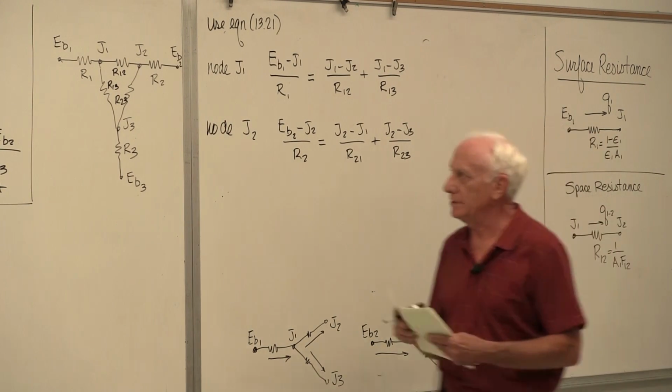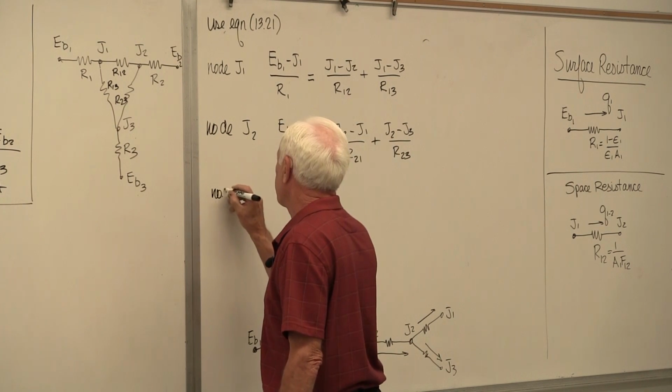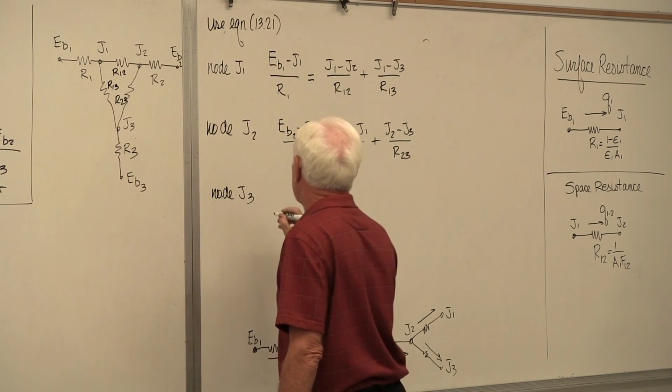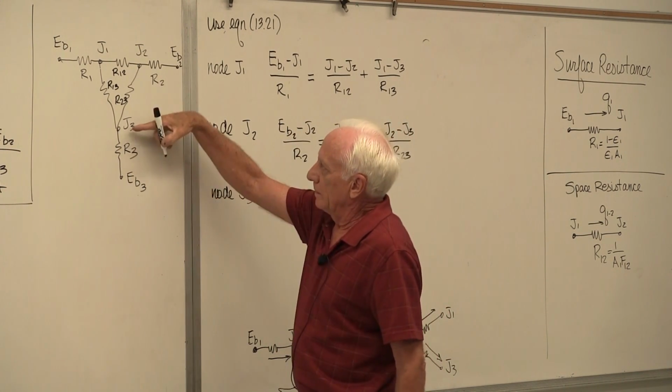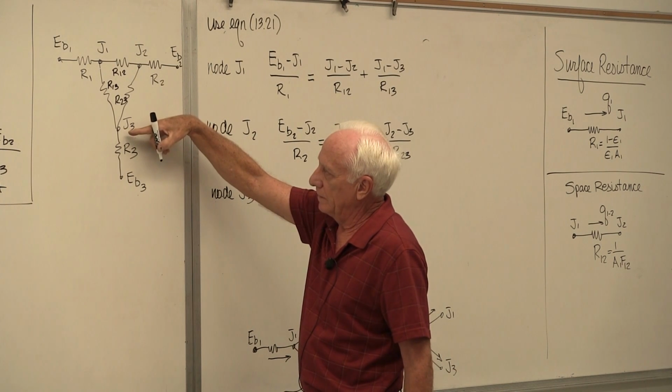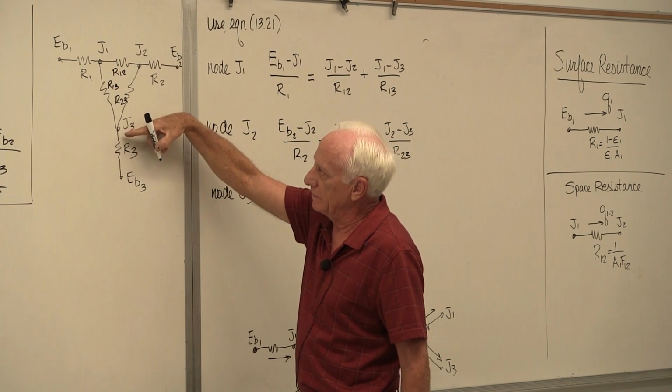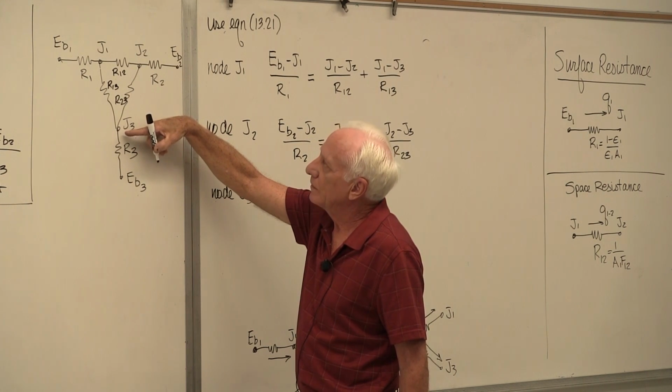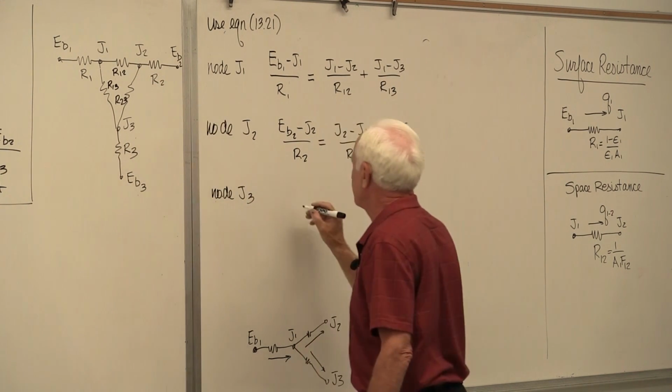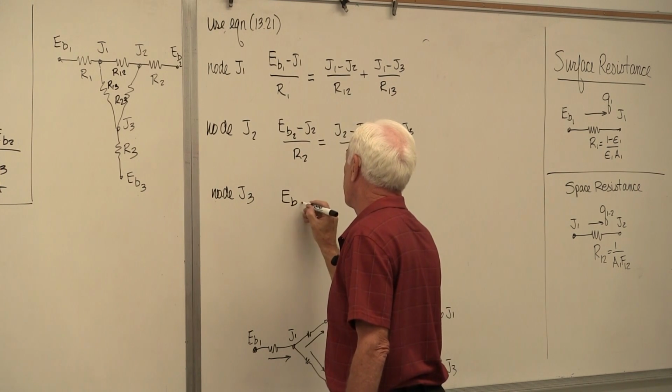Now I do node J3. Node J3, the heat that comes in to node J3 from surface 3 goes out to 1 and 2. Okay, to 1 and 2.